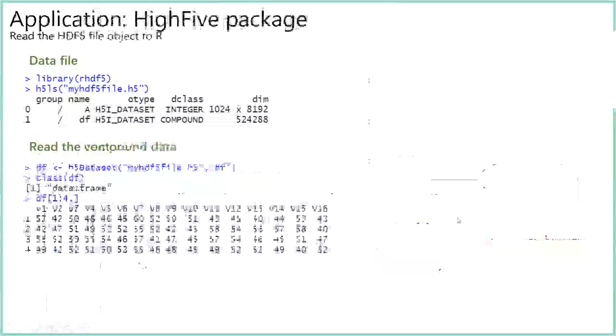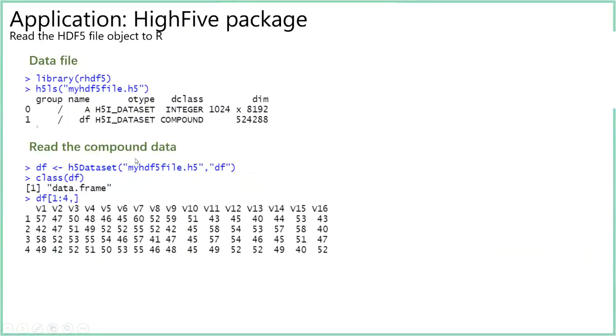All you need to do is to define your ALTREP object. And for the data frame, because the HDF5 array only supports the matrix and vector types, I will just show how it works in the Highfive package. So it's the same function with the data frame, and it reads as a df variable, and you see the type is data frame, and its value is just a normal data frame.